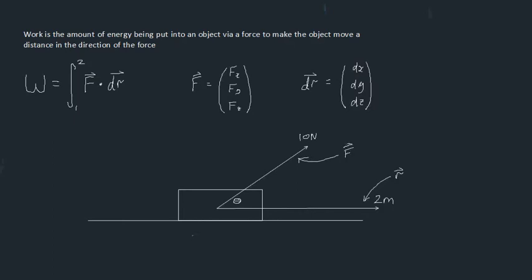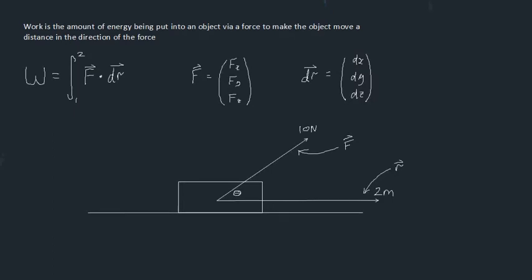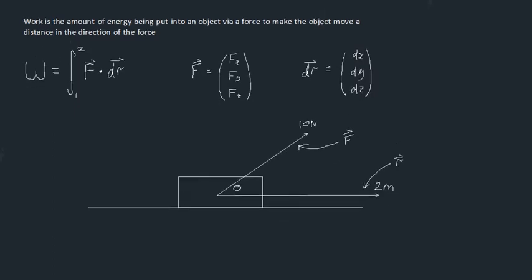Alright, and before I get started, I just really want to mention that there are other forces acting on this object. I mean, there must be, right? You're going to have a force due to gravity down here, and you're going to have a normal force up here, and perhaps if the floor has got friction on it, you're going to have a friction force opposing motion like this.